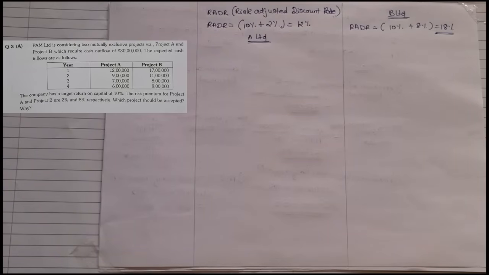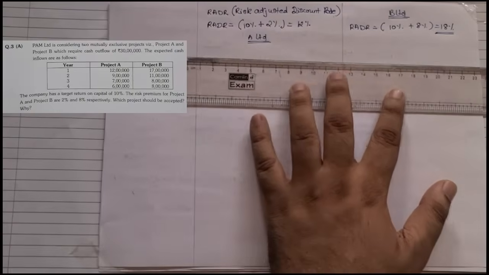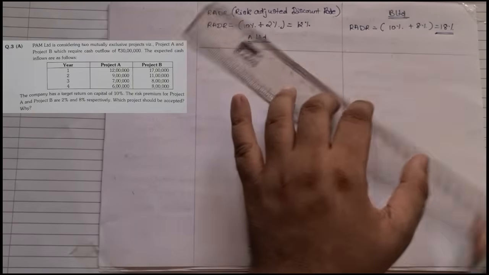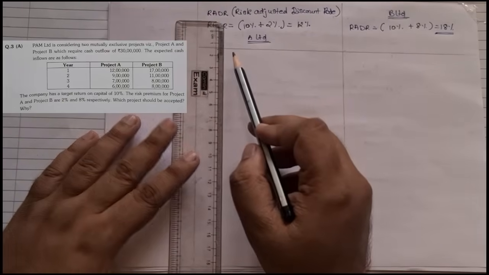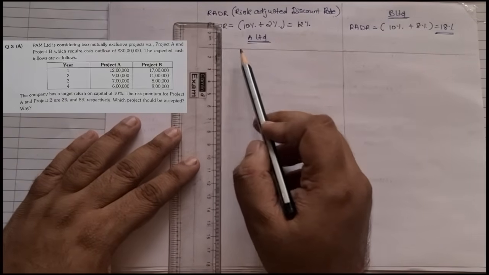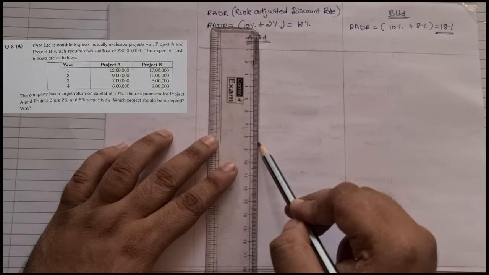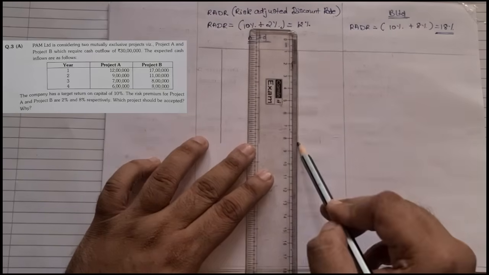For NPV, I'll make a table for both. Basically we need to find the NPV now. So I'll have the years, I will have cash inflow, the discounting factor and PV.